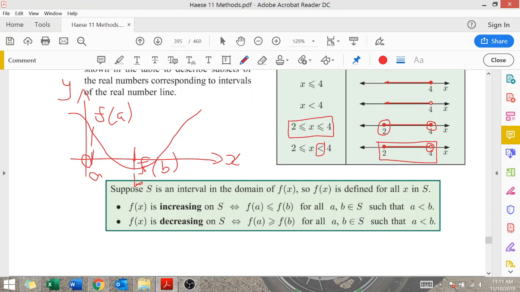because fA is greater than or equal to fB when A and B are contained within this interval here, and A is less than B. So I could pick any points within this region, and fA will always be bigger than fB.